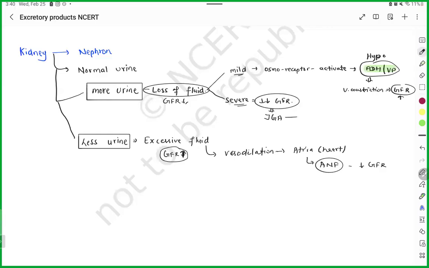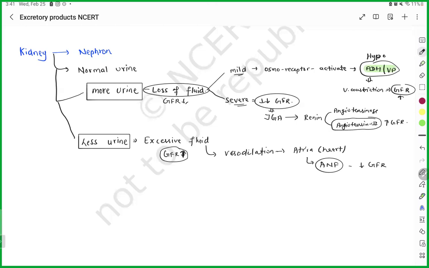This JG system will produce renin. This renin will convert angiotensinogen into angiotensin 1 and then angiotensin 2. This angiotensin 2 is a very strong vasoconstrictor, and it will increase GFR quickly. This is in the severe condition.